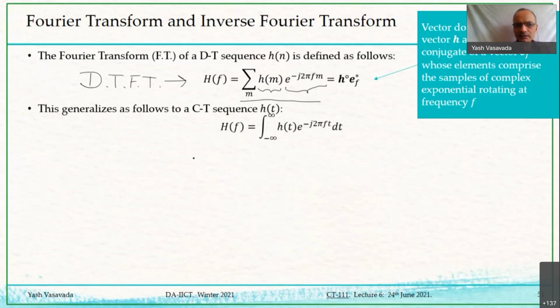Again, by the same process where we replace summation by integral and indices m and f by their continuous counterparts, we get the continuous time Fourier transform, or simply the Fourier transform equation.